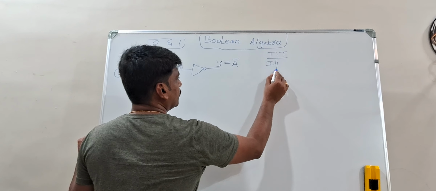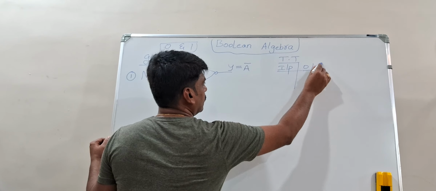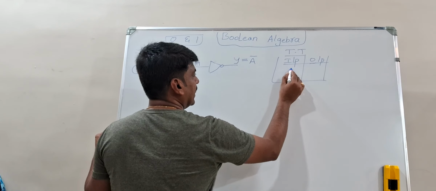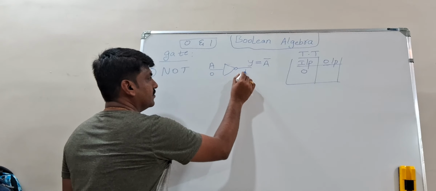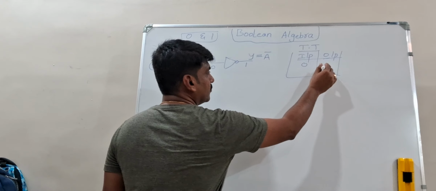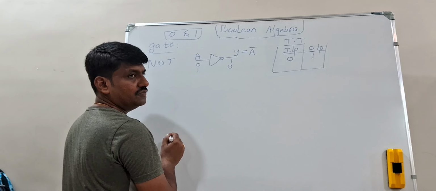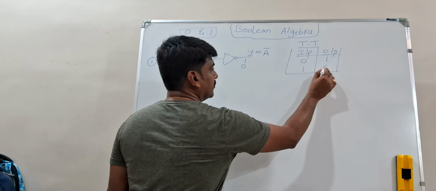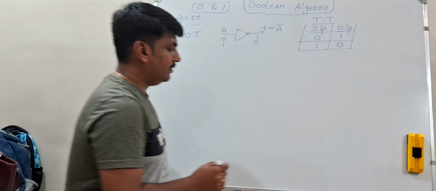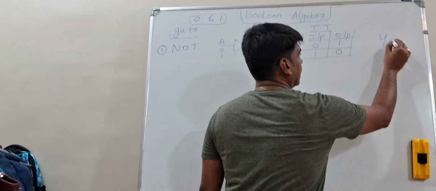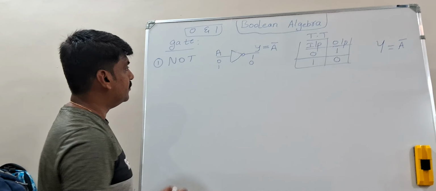If the input is 0, the output is the negation of this, we will get 1. If the input is 1, we will get the negation of this as 0. So this is the truth table, and the logic equation we can write as y equals a bar. So this is the first gate.